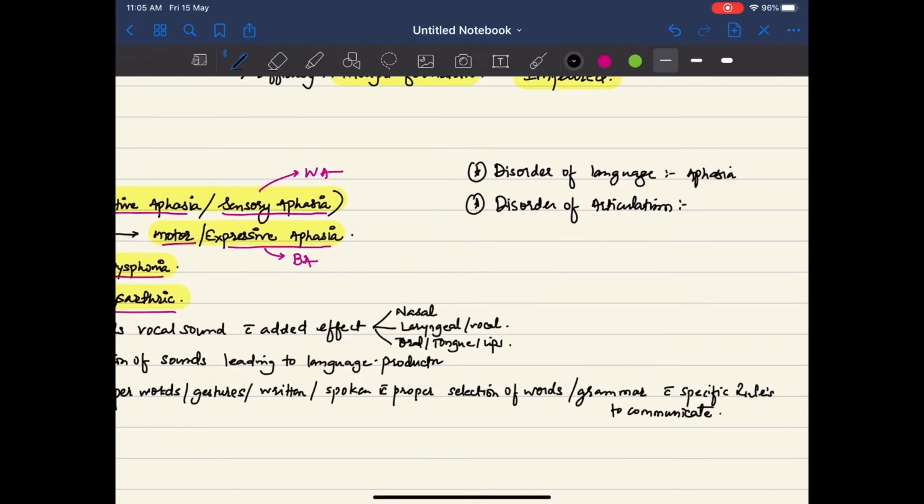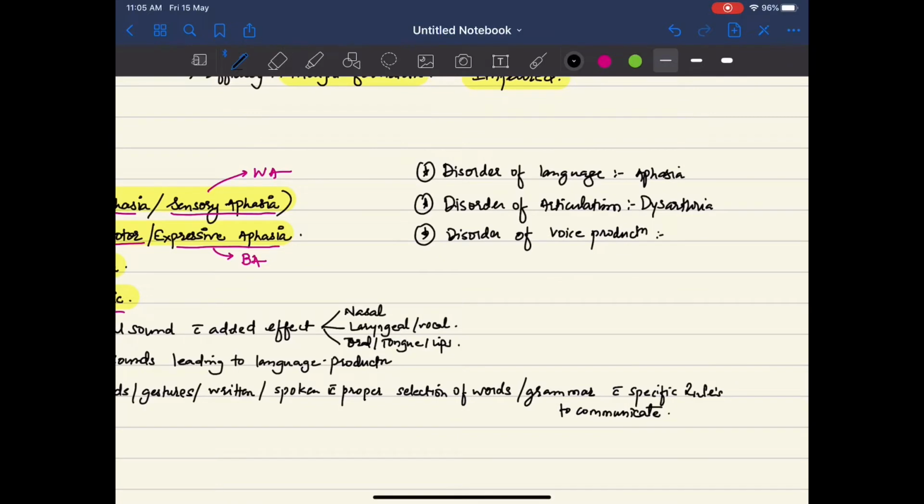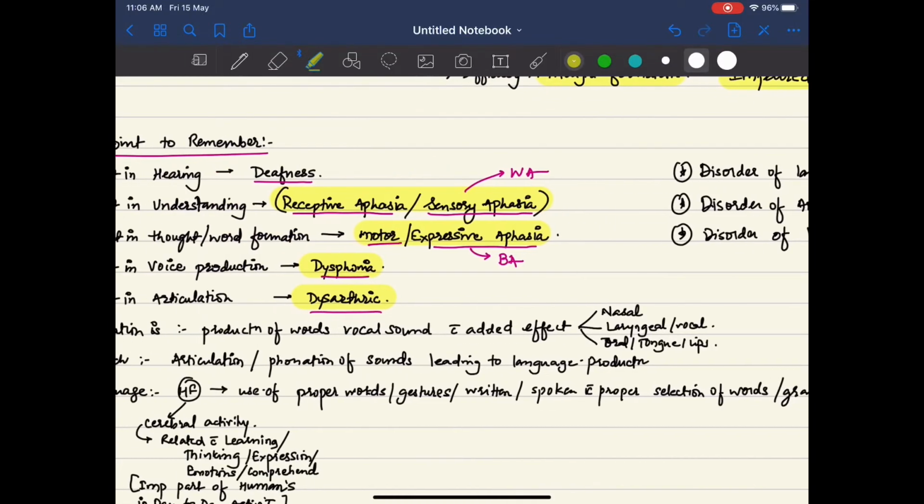It is called dysarthria, right? And disorder of voice production is called dysphonia. So you should remember these things which are quite important. So aphasia, dysarthria, and dysphonia. Okay.